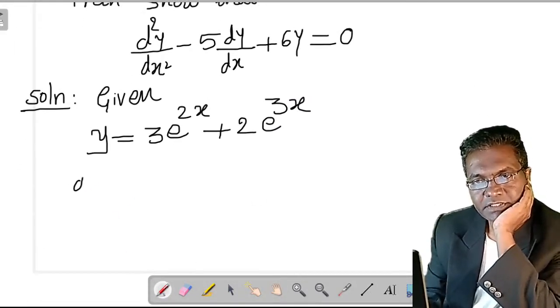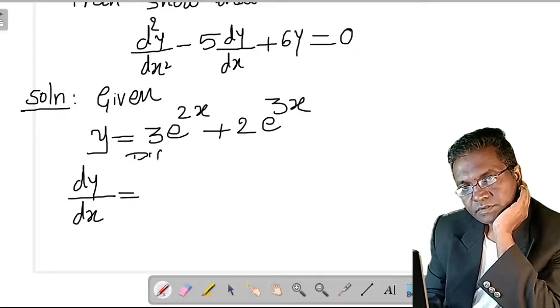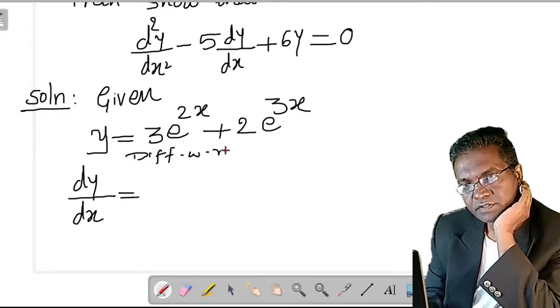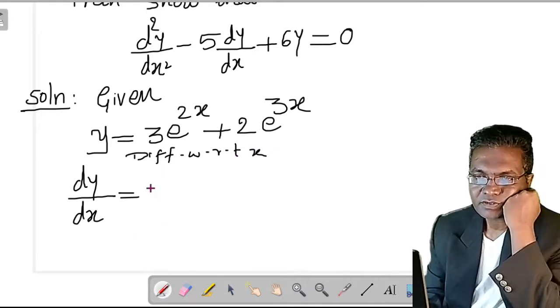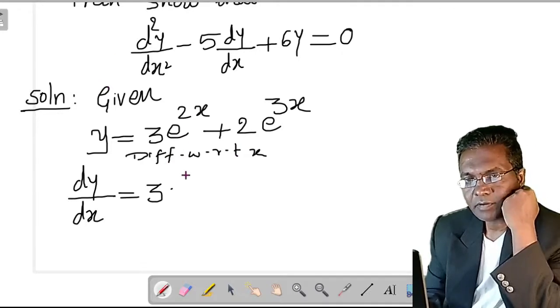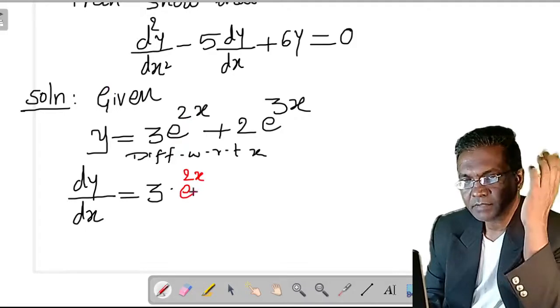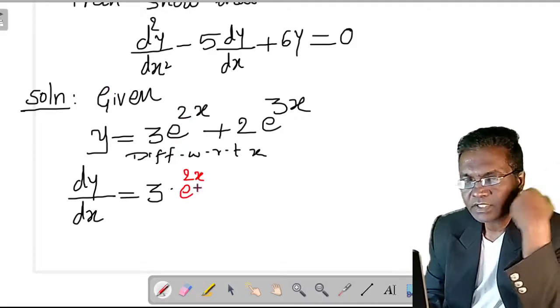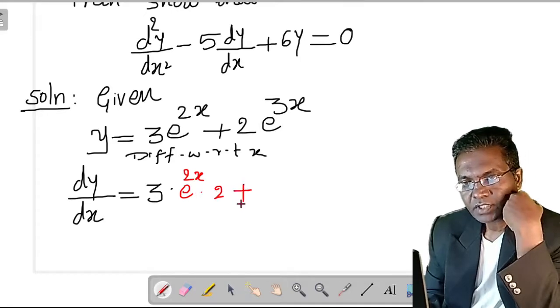So differentiate it with respect to x. So 3 into, remember, the derivative of e power 2x. The derivative of e power is e power, but what is in the power? 2x. So the derivative of 2x is 2. Composite rule you have to use.